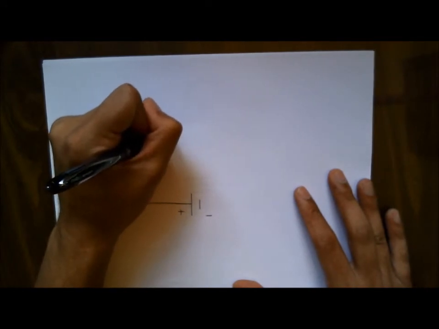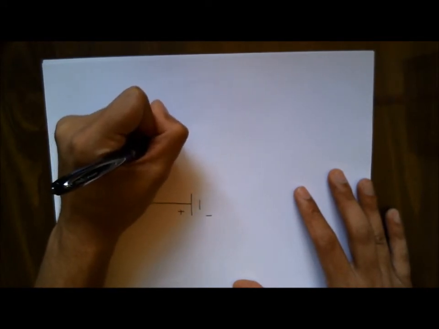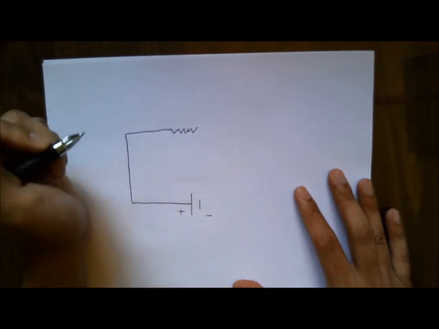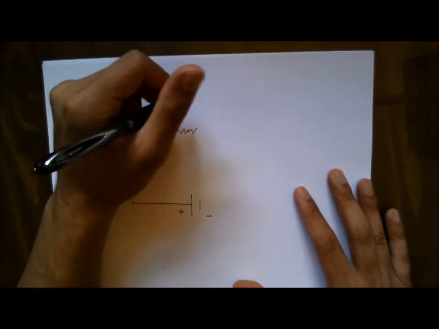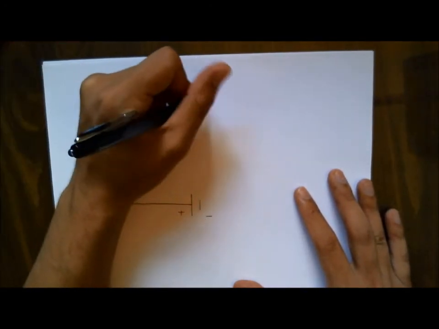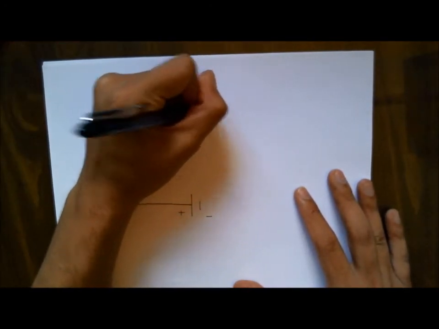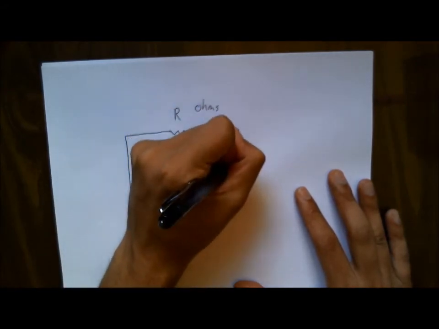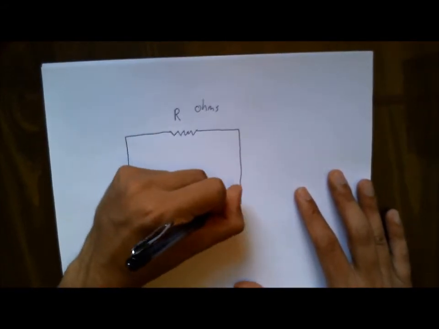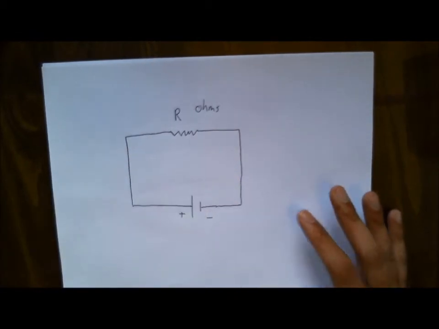So in circuit analysis, we draw resistance as just a squiggly line like this, R. It's measured in a unit called ohms, but we're going to get to that later. So let's just say this is a resistance R, and the switch is on, closing the circuit. So that's what we have.